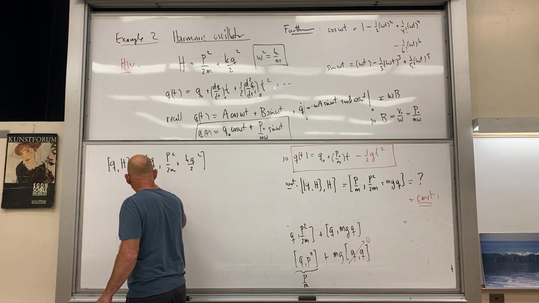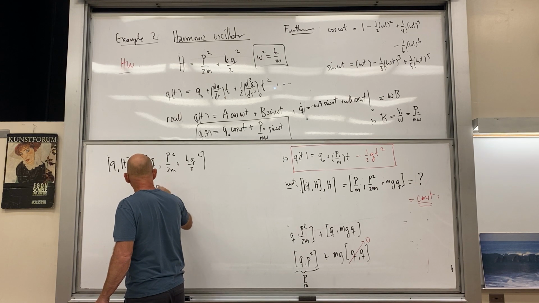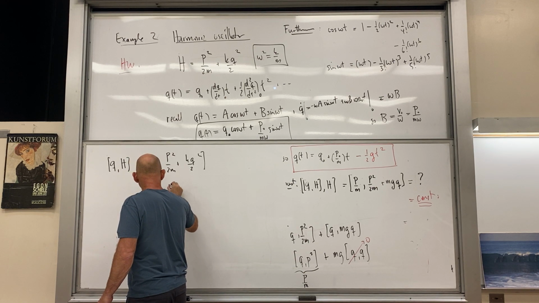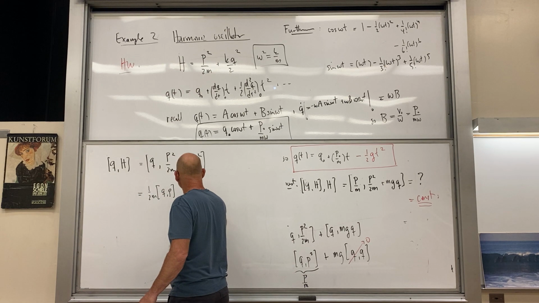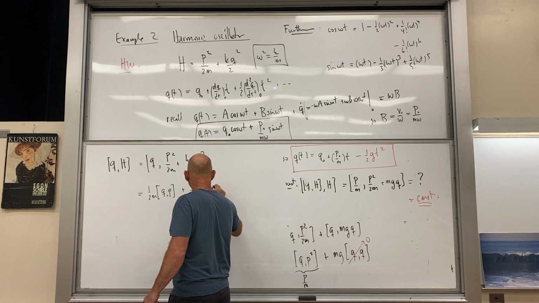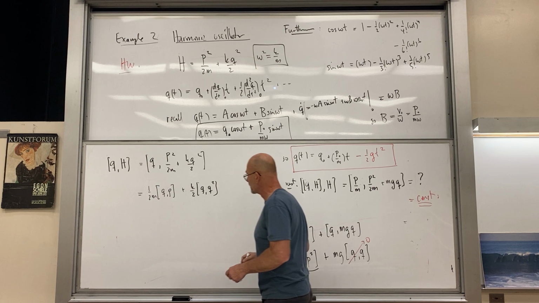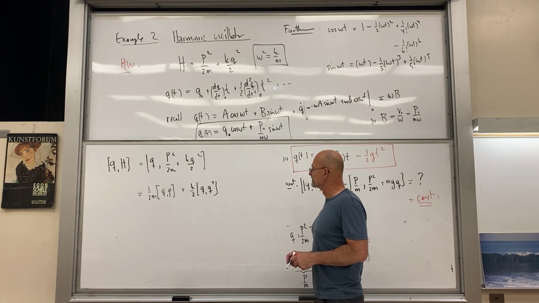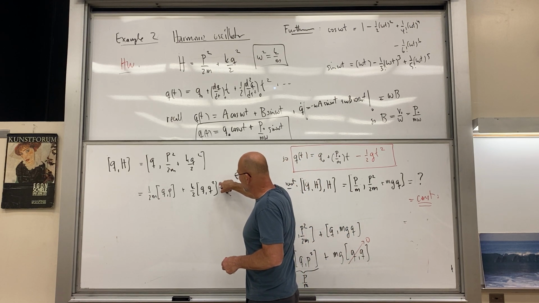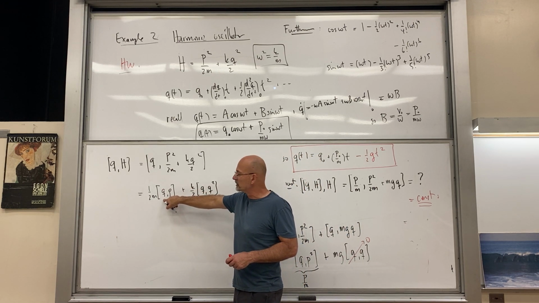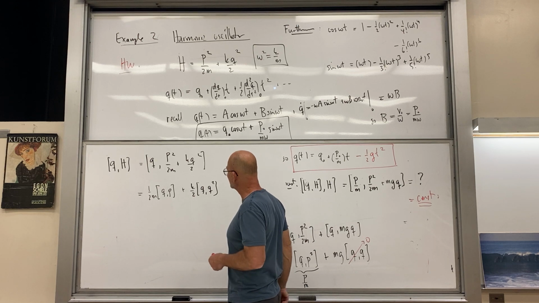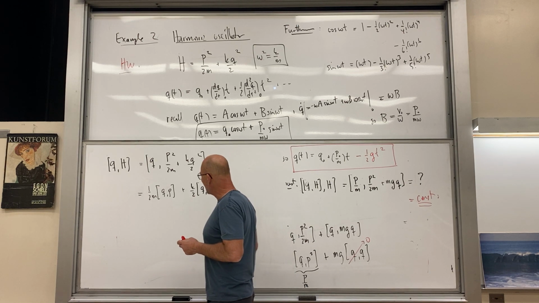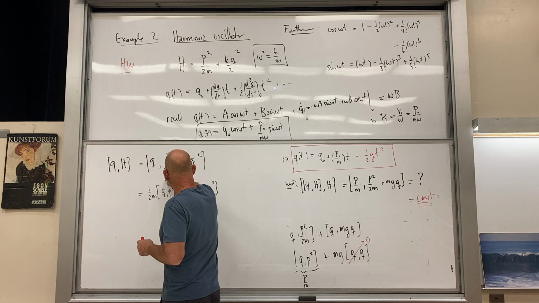So then we would have 1 over 2m q, p squared, which we've done already, plus k over 2 q squared. So this one you're going to get rid of, this one you're going to get 2p over 2m, so you get p over m like we did last time. And then you go back into this one here.